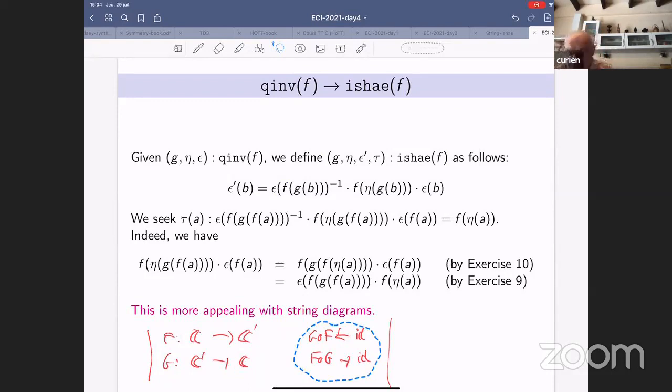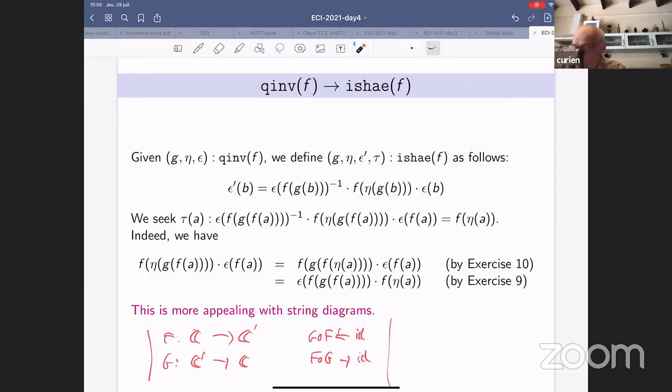It doesn't take a lot of lines, but it needs a little bit of insight. You can't build the tau based on the original eta and epsilon. What you have to do is some kind of massage to one of them, and you will do it on epsilon.